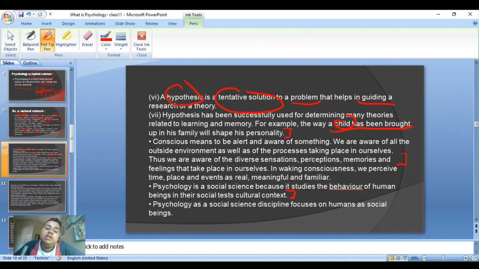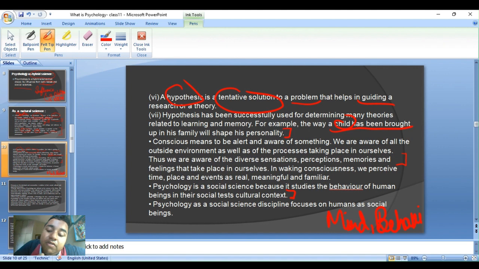तो साइकोलॉजी एक सोशल साइंस है बिकॉज क्या स्टडी करते हैं हम? The behavior of human beings in the social, cultural context. तो हम देखते हैं, we study the human behavior, mind, right, behavior. I'm just studying a short form, behavior.